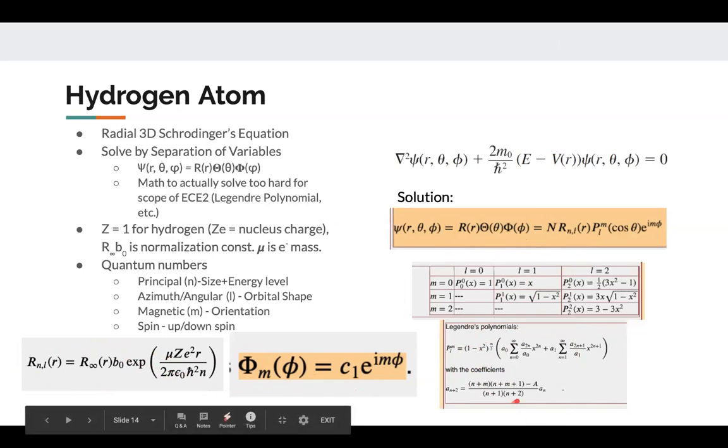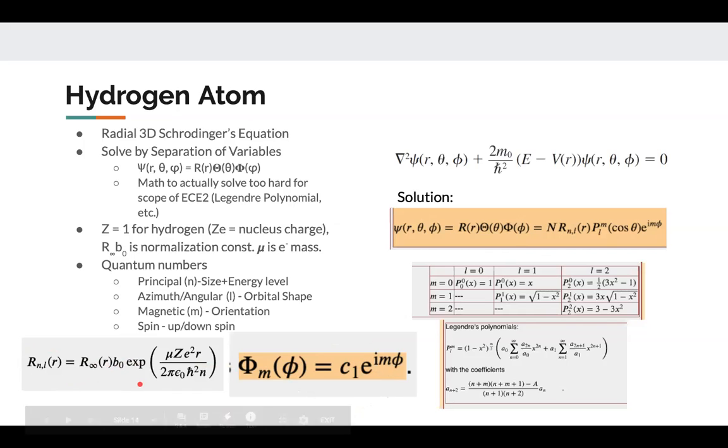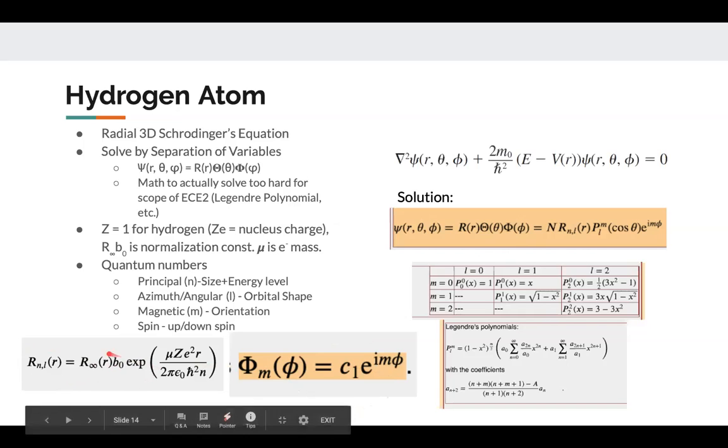So you disregard the Legendre polynomial, you disregard the exponential term, and you just look at the radial term. I believe it's a question where you find the probability curve, or the distribution function of the atom, when n is equal to 1, and m and l equal 0, and then n is equal to 2, and l and m are equal to 0.